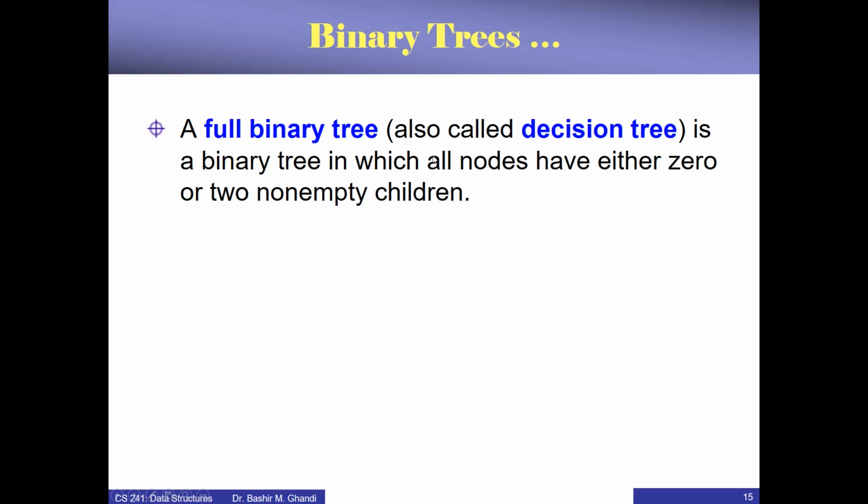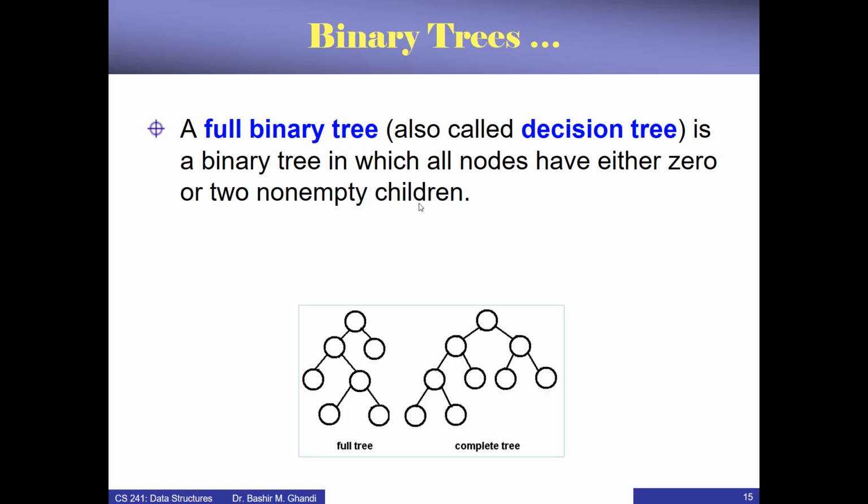A full binary tree is one in which all nodes have either 0 or 2 non-empty children. So each node has either 2 children or it has no children at all. In a full binary tree, a node is not allowed to have 1 child. Either it has 2 or it has none at all.